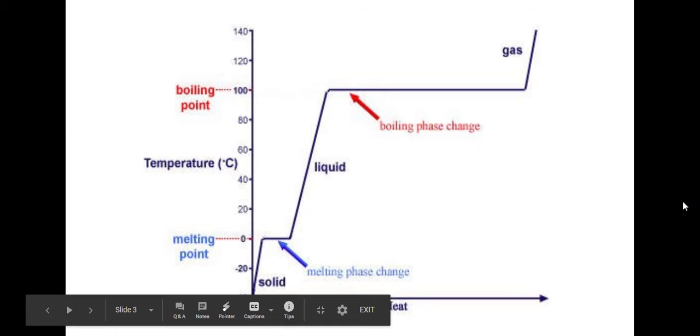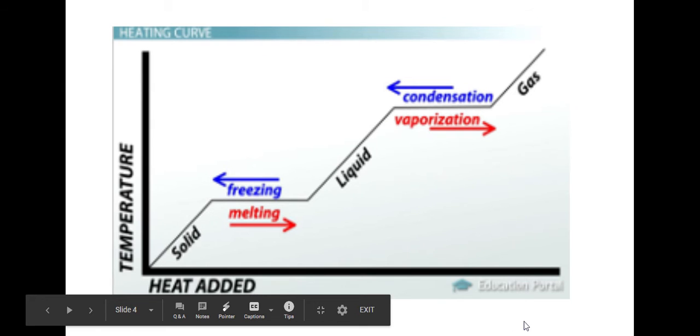So you can tell in this graph that the heat is still being added when we have these phase changes. So even though we're continuing to add heat, we're not getting any rise in temperature or any more energy in the particles because it's a phase change, because the particles are changing from solid to liquid and again from liquid to gas. Okay, this one is another one that shows heat versus temperature.